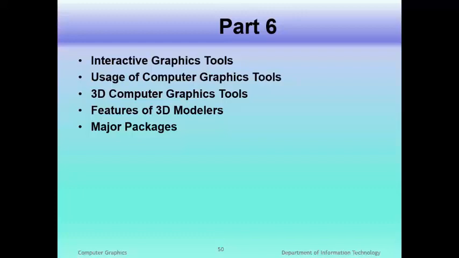Major packages of 3D modelers are: first, 3ds Max; second, AC3D; third, Aladdin 4D; fourth, Carrara; fifth, Cinema 4D; sixth, Inventor; seventh, Massive; and eighth, Maya. Let's see one by one.